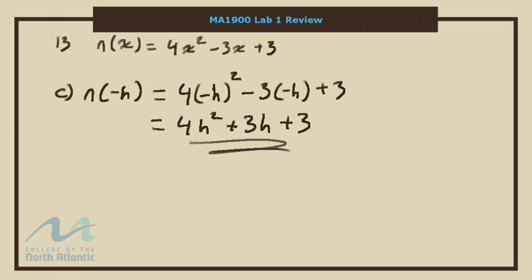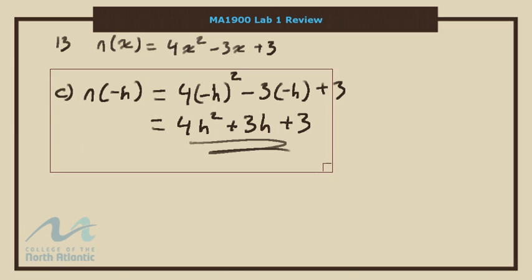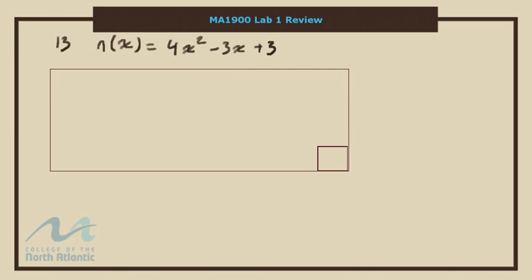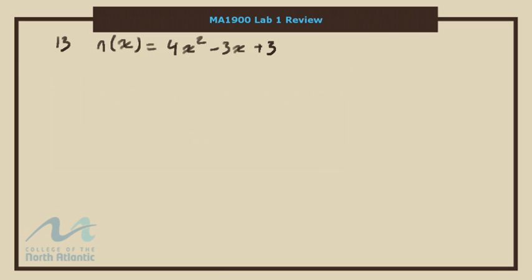So now we'll take a look at D. Oops. Hang on now. I pressed the wrong button then. D is going to be n of 1 plus c. Now you're going, well, how do I do that?